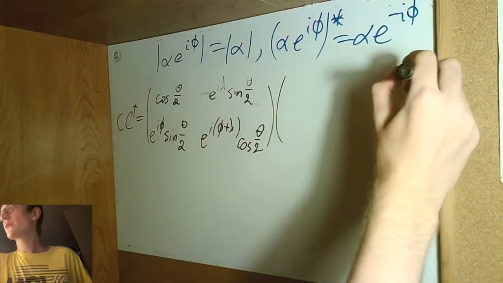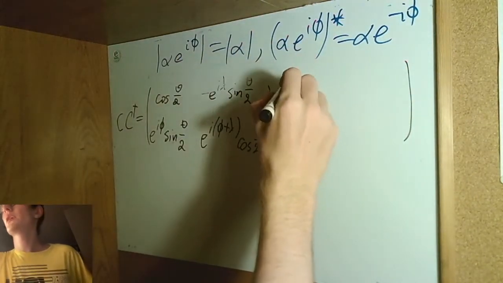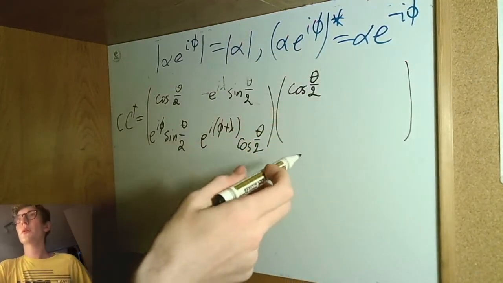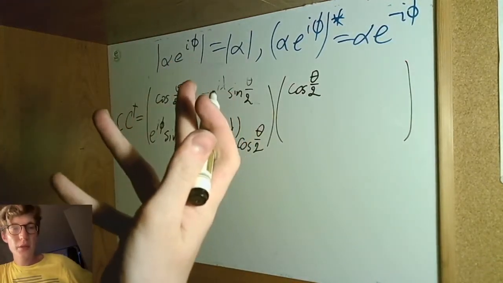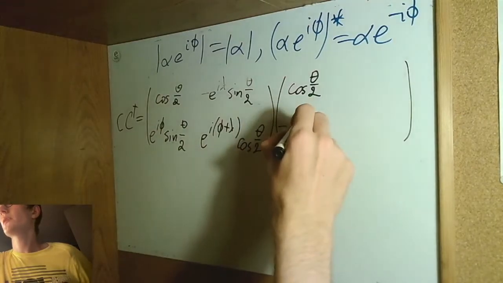So here we have to plug in the Hermitian conjugate of this matrix. So it's cosine theta over 2, right? Because it's some real number, if theta is real, which I guess we have to assume.